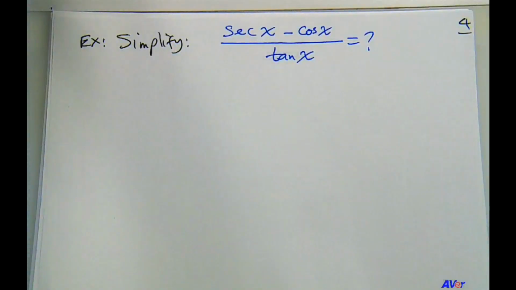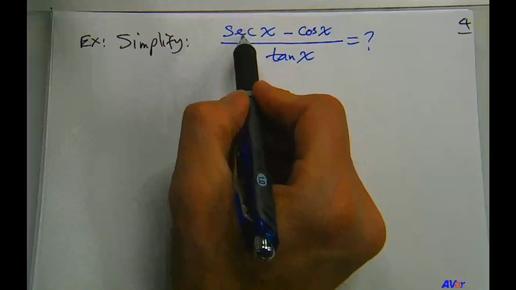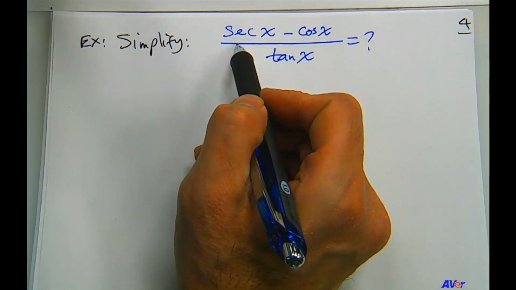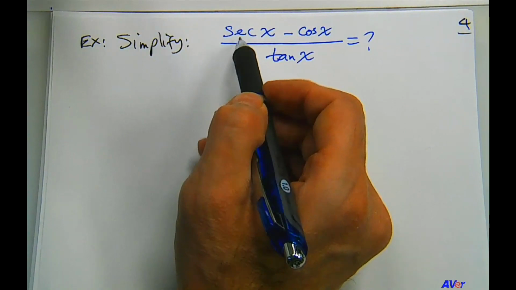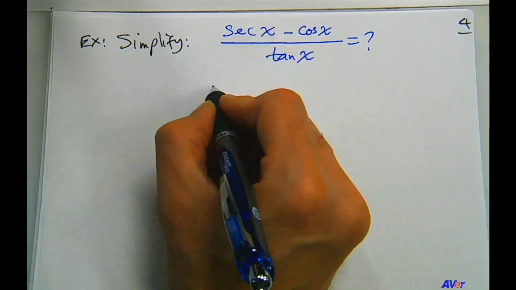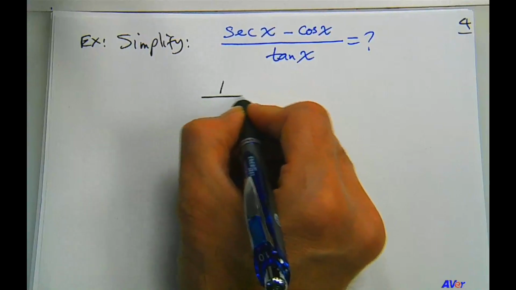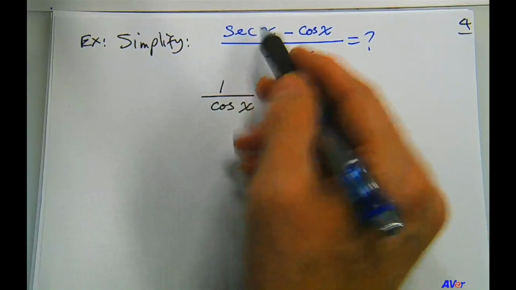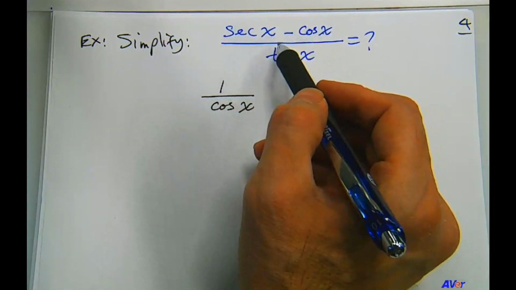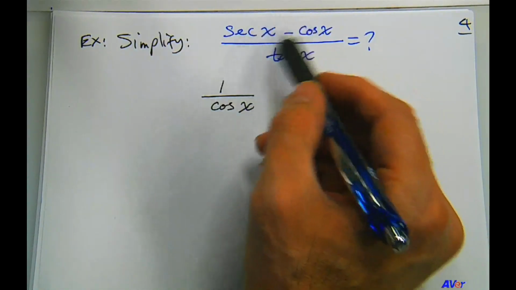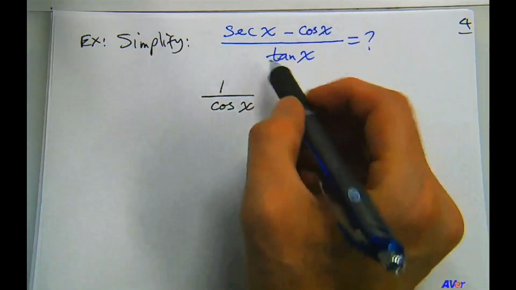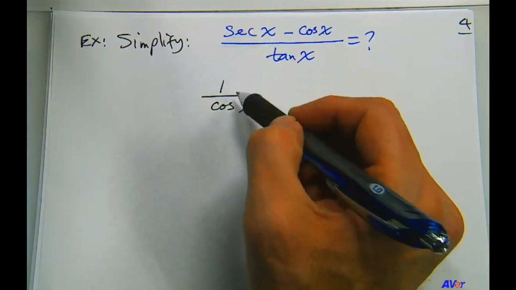but we're going to leave the cosine of x alone. Okay, so the secant function is the reciprocal of, do you remember which one? Reciprocal of the cosine function, right? So let's write that down. So we have 1 over cosine of x, or this can be x or theta or u or t. It makes no difference. We've been using theta, so why not use x now? So this is that.